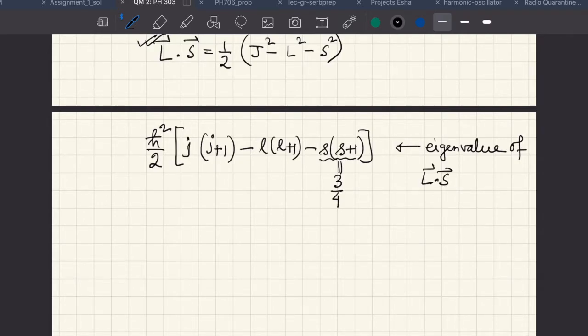Therefore, what remains is E1 spin orbit for n, l, j, mj.